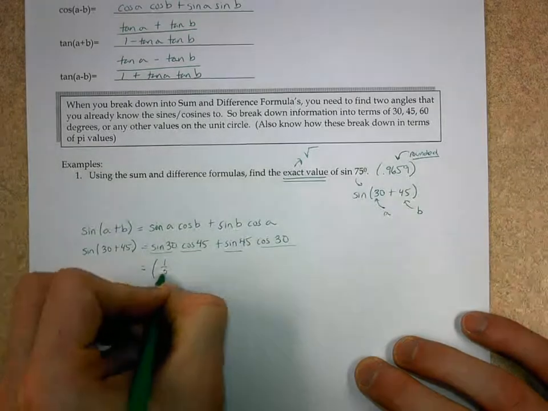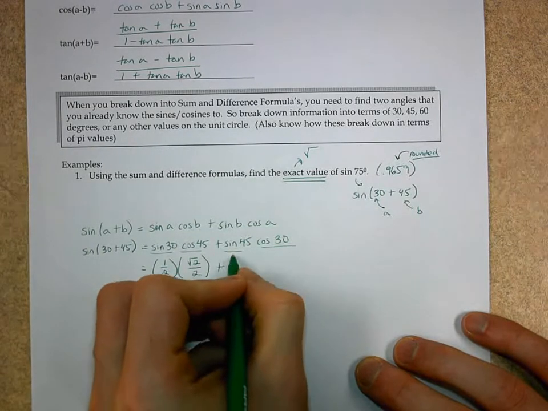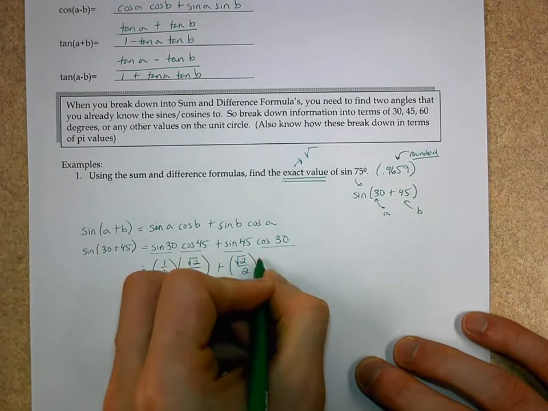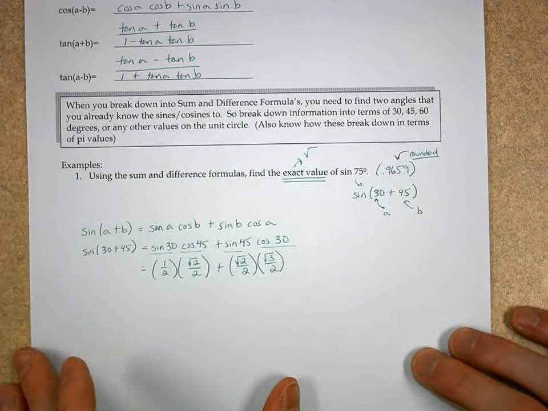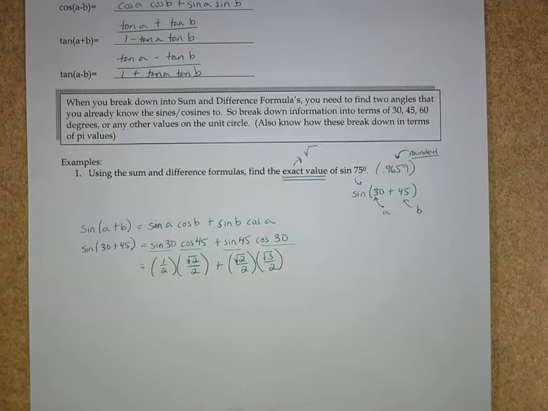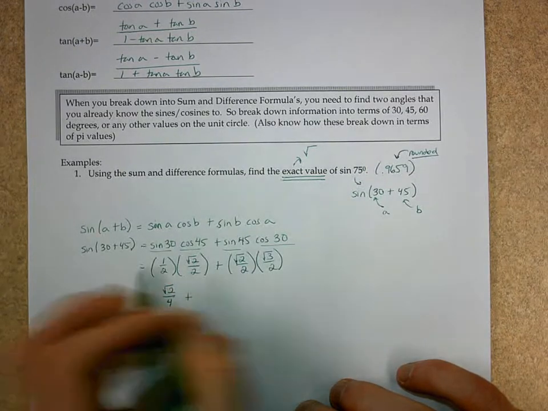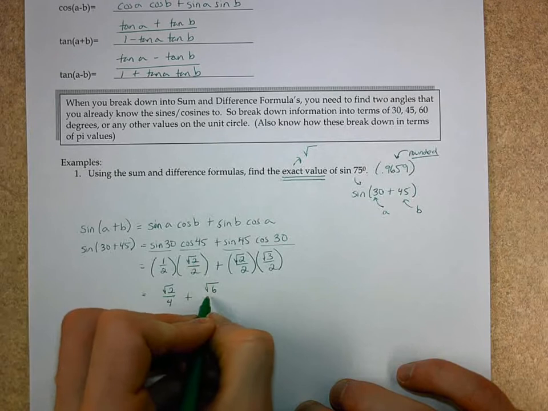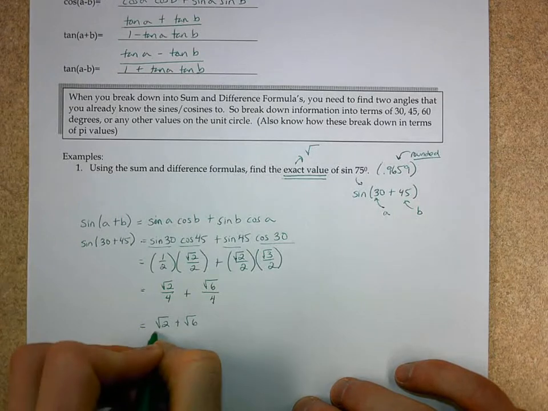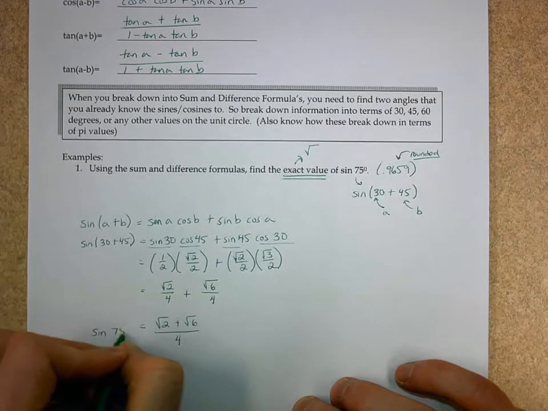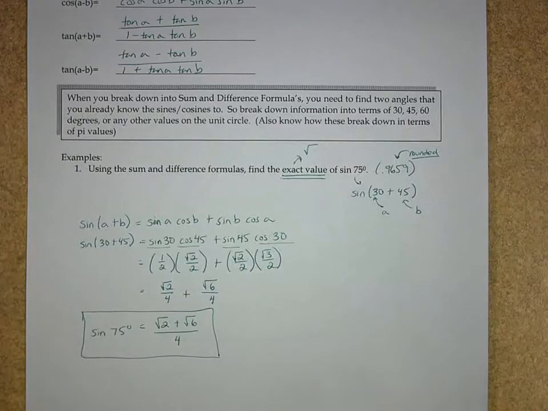Sine of 30 degrees we know is 1/2. Cosine of 45, square root of 2 over 2. Sine of 45, square root of 2 over 2. And cosine of 30 is square root of 3 over 2. So now I can simplify each of these pieces. So square root of 2 over 4 is my first fraction, and then square root of 6 over 4 is my second fraction. So my exact value for the sine of 75 is the square root of 2 plus the square root of 6 over 4.